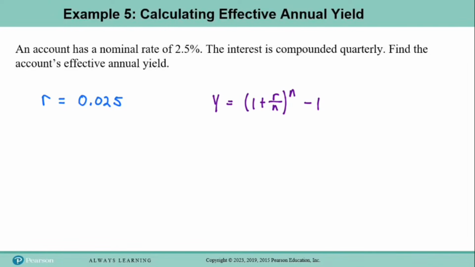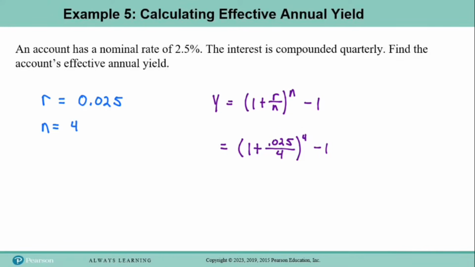And then they told us that interest is compounded quarterly, so that's 4 times a year, and so N is 4. Now let's plug those values into our formula. So we'll have open parentheses, 1 plus R over N, so that's 0.025 divided by 4, all to the 4th power, and then minus 1.